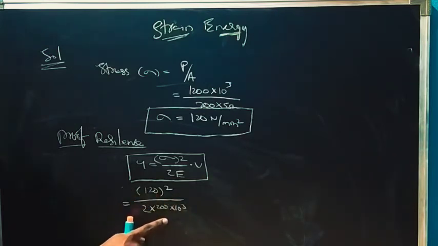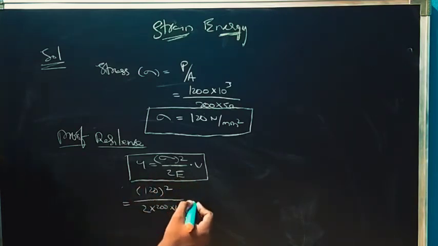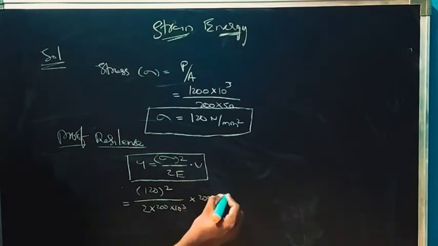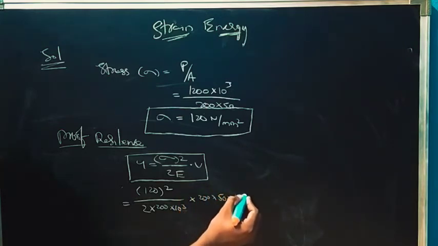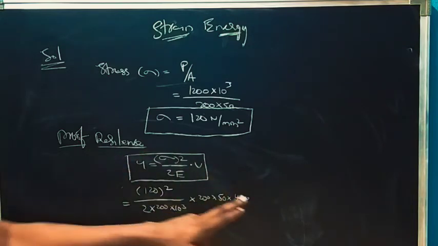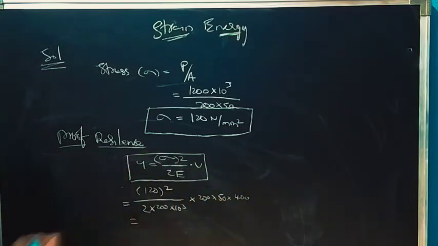So E value is 200 into 10 to the power of 3, into the volume, which will be 200 into 50 into the length 400 mm. So put the values here, the answer is 144 into 10 to the power of 3 Newton per mm.